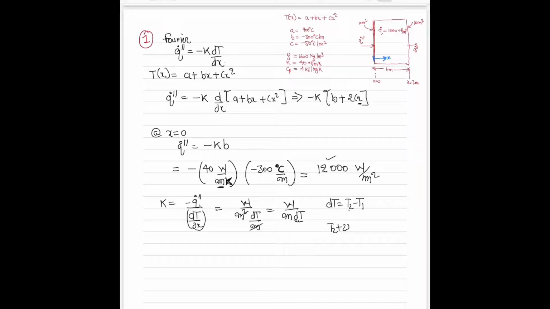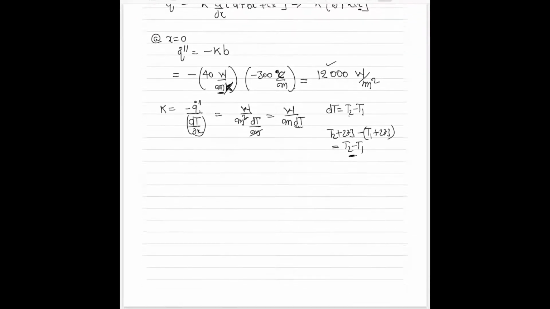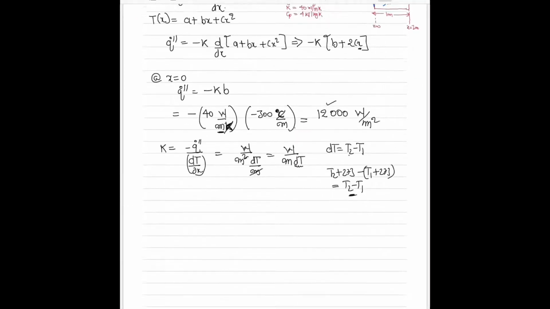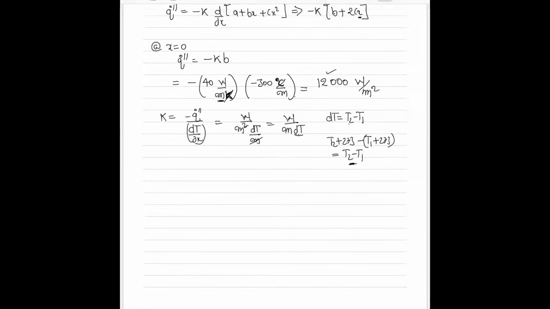So suppose you have T1 and T2 initially in degree Celsius, then we can write T2 plus 273 in Kelvin minus T1 plus 273 in Kelvin. So it will reduce to T2 minus T1 only. That means it does not matter whether you write degree Celsius or Kelvin. So that's why these two cancelled. If you have any question regarding this, please write to me in the comments.